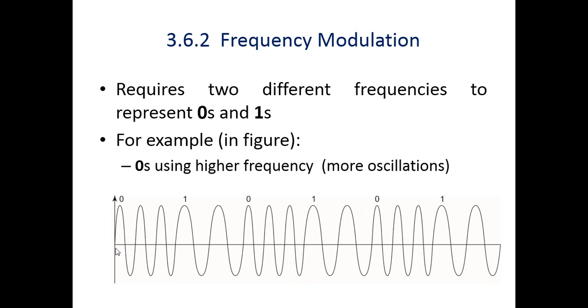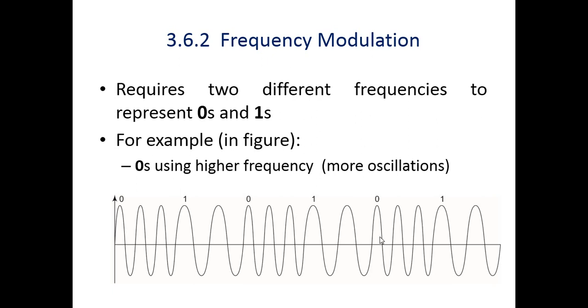In this figure, if the bit value is 0, it is represented by 3 oscillations. If the bit value is 1, it is represented by 2 oscillations. Then the third element is 0, so it is represented by 3 oscillations, that is called the frequency, and the same scenario goes ahead.